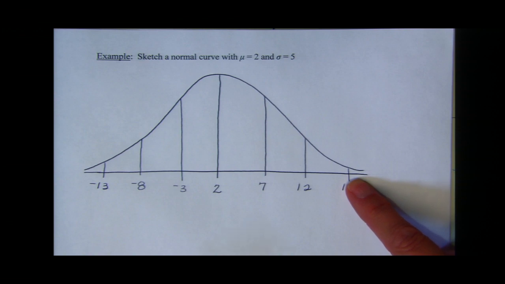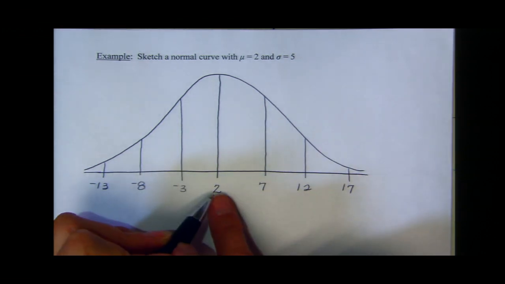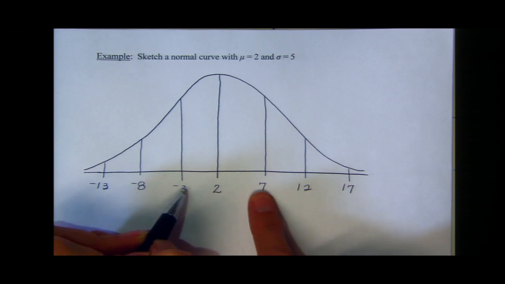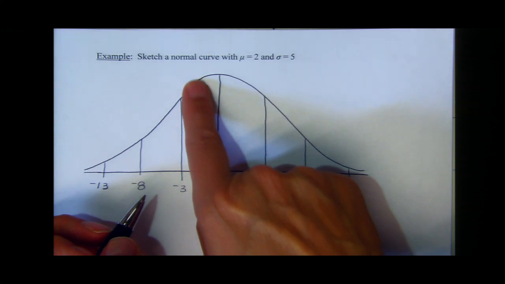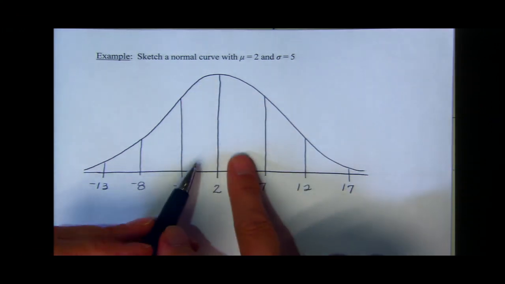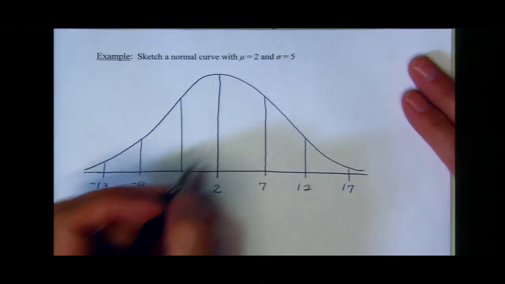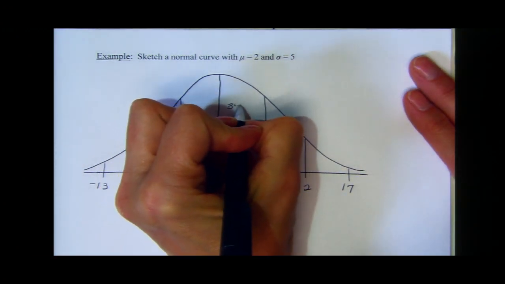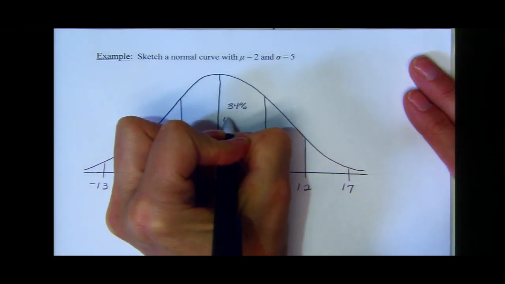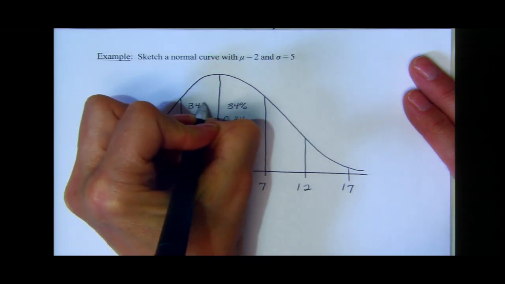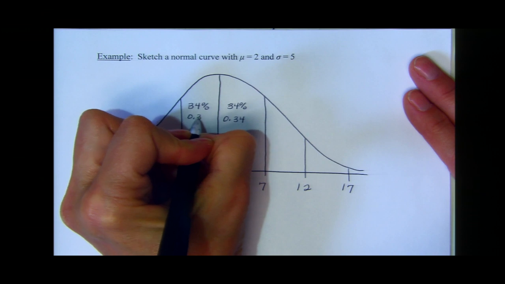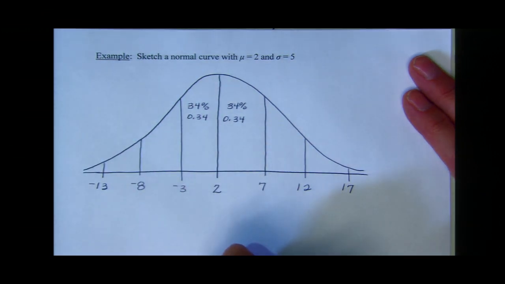Well, when we're talking about symmetrical, that means from mu to 1 standard deviation that the area or the probability in this bar is exactly the same as in this bar. Now my picture doesn't look that way, but it is symmetrical. So this amount is 34% or 0.34, which means here we have 34% or 0.34.